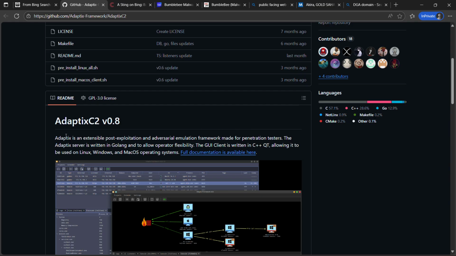Adaptix is an extensible post-exploitation and adversarial emulation framework made for penetration testers. The Adaptix server is written in Golang, and to allow operator flexibility, the GUI client is written in C++ Qt, allowing it to be used in Linux, Windows, and Mac OS operating systems.